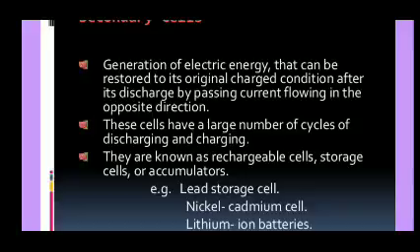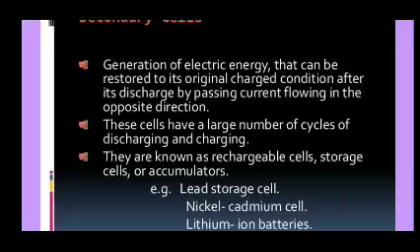These cells can be restored to their original charged condition after discharge by passing current in the opposite direction. They have a large number of cycles of discharging and charging. They are known as rechargeable cells, storage cells, or accumulators.